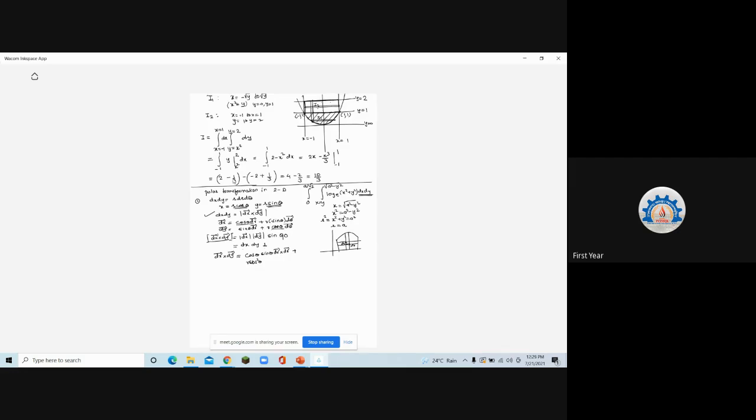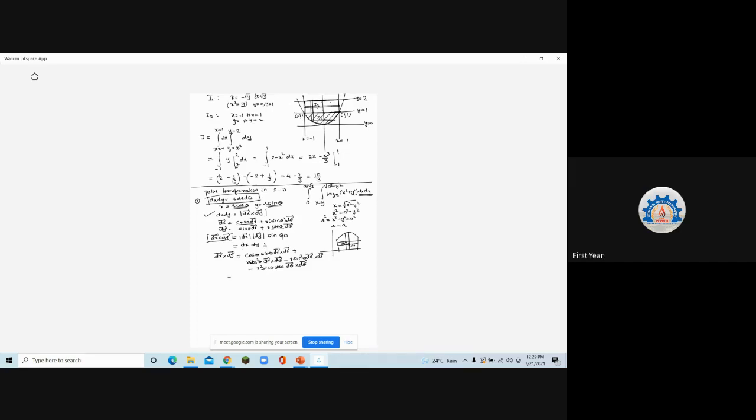R cos square theta dr bar cross d theta bar, minus r sin square theta d theta bar cross dr bar, minus r square sin theta cos theta d theta bar cross d theta bar. Correct? Are you getting what I'm doing? I'm explaining how you get this.